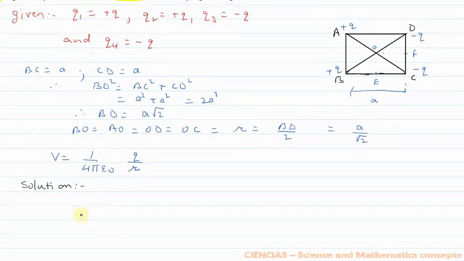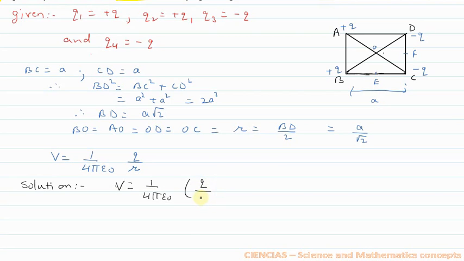At the center of the square, total potential will be equal to 1 upon 4 pi epsilon 0 times q upon AO plus q upon BO minus q upon CO minus q upon DO.